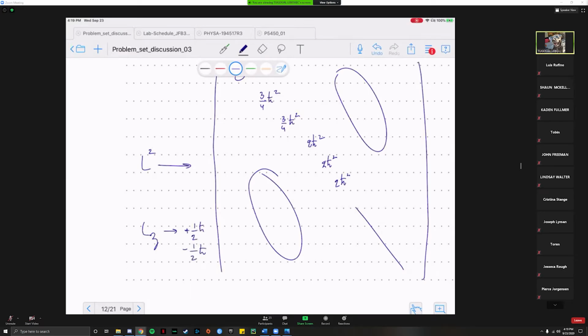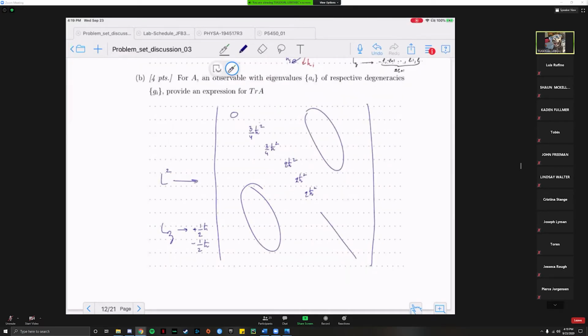Then you could decide that one state corresponds to plus half h bar and the other to minus half h bar, and so forth. For 2 h bar squared, if you want to specify the state more, you can measure Lz, and you're going to find either minus, 0, or plus h bar.